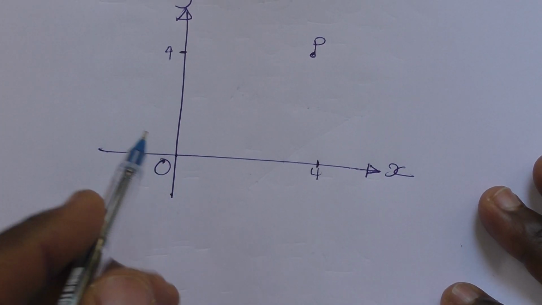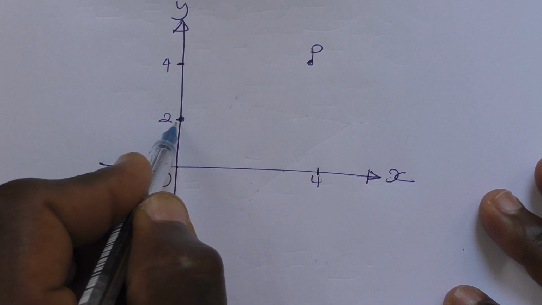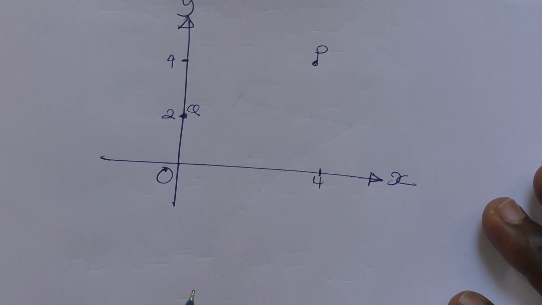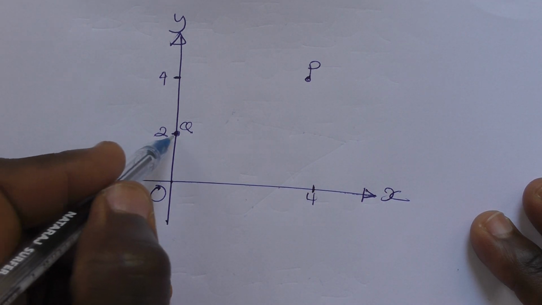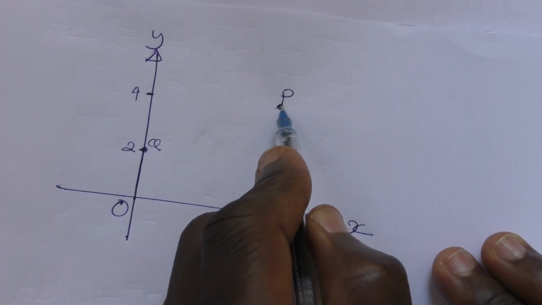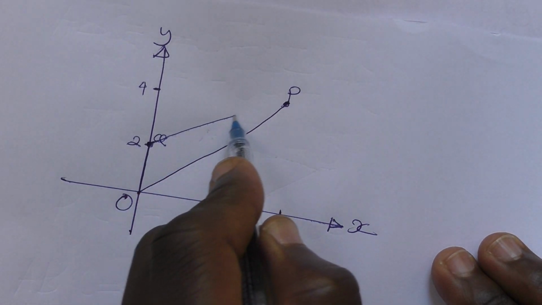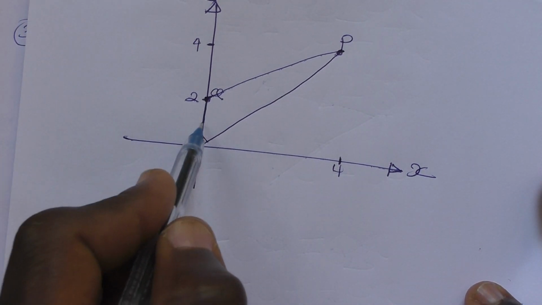So Q will be at (0, 2). So this is Q. And therefore, if we want to get OPQ, we join this, we join that, and we join that.